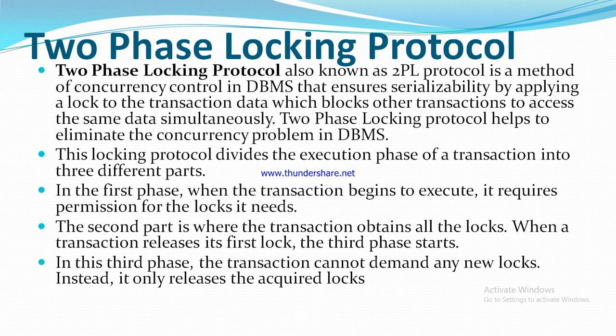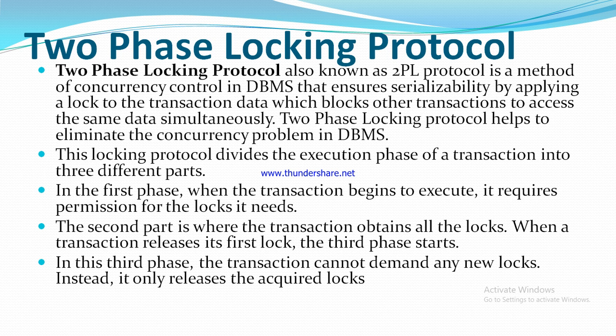So if the transaction is in the second phase, it means all the database resources are locked by the transaction, but the first phase is free. So the next transaction enters into the first phase. After completion of the second phase, that is, execution of operations, the transaction goes to the third phase.